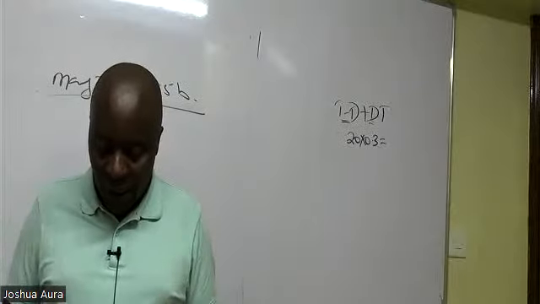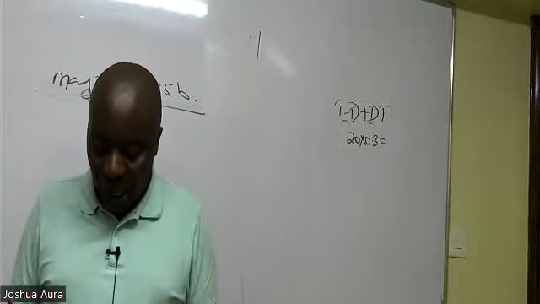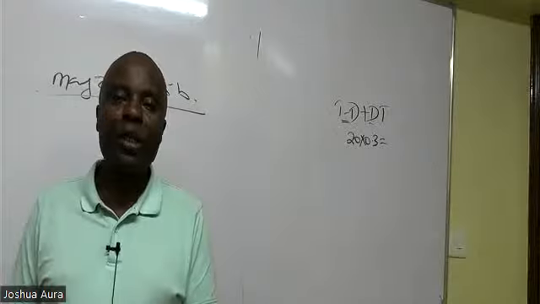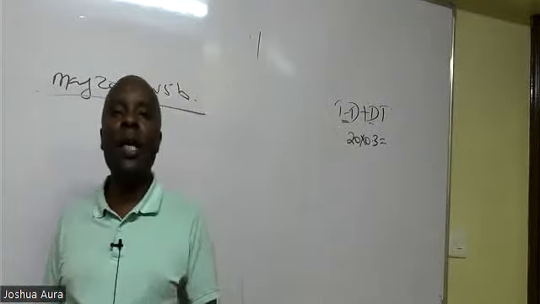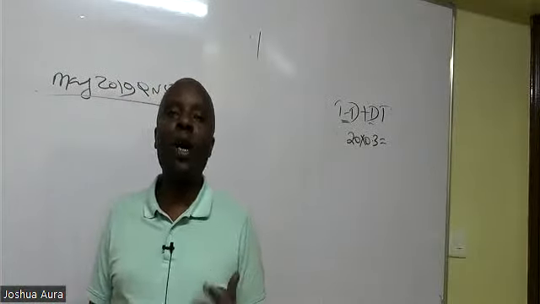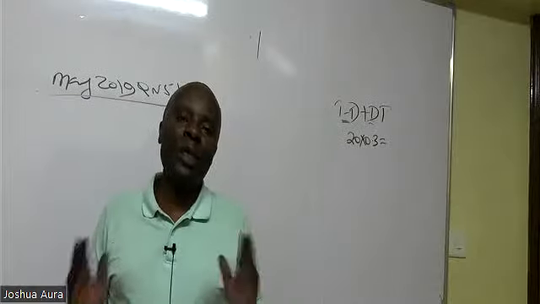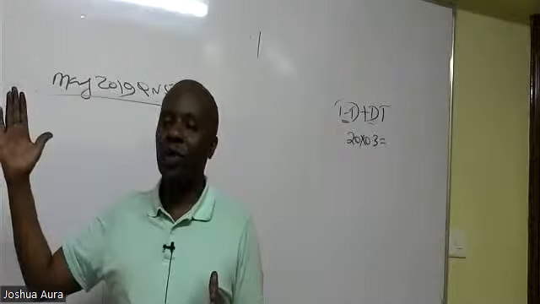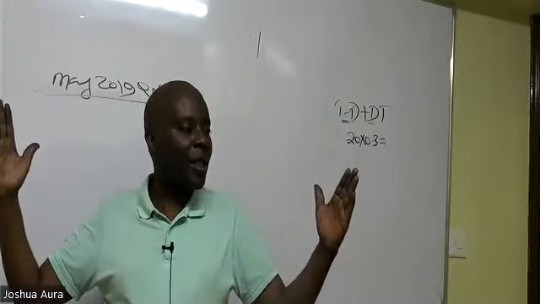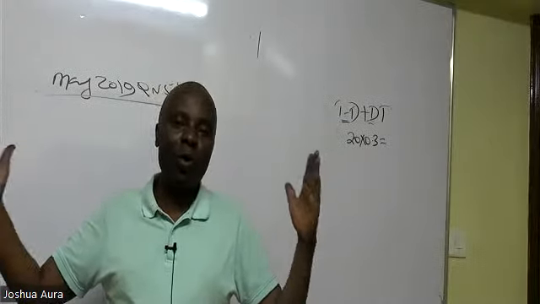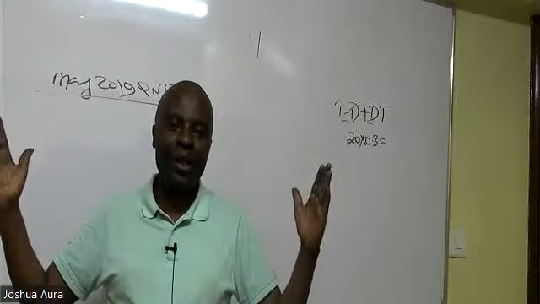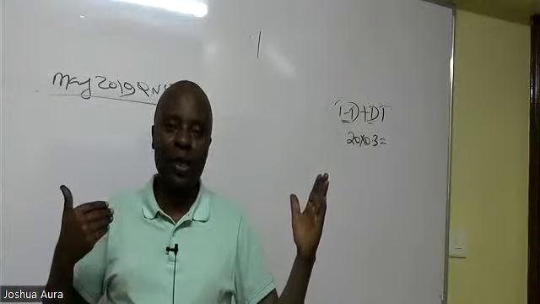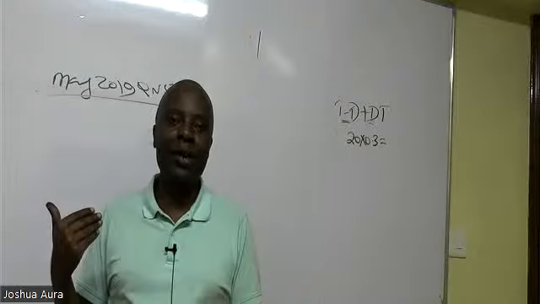The firm's equity shares and the bonds are currently trading at par. That is noise. In AFM, we like making a lot of noise as examiners. Why? Because our objective is quite a bad objective. It's quite bad that we as examiners are here, the students are here, and we are at a tug of war. For me as an examiner to win, I must see some of you going under the bus.